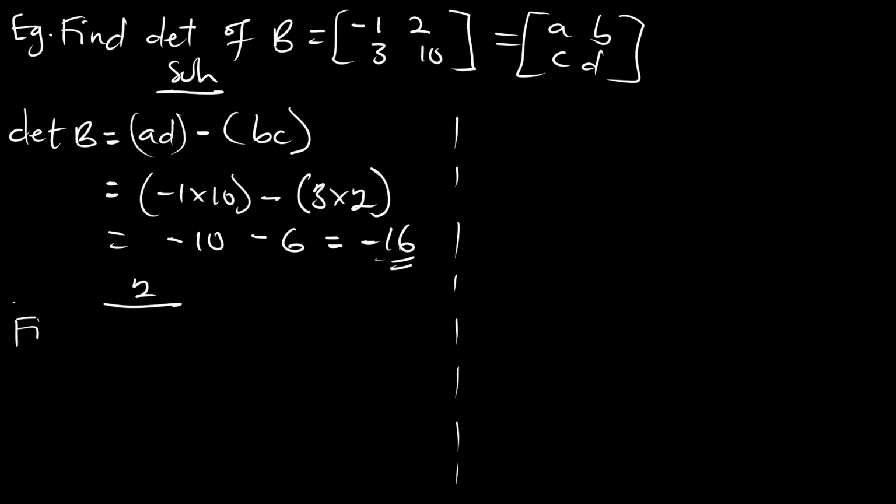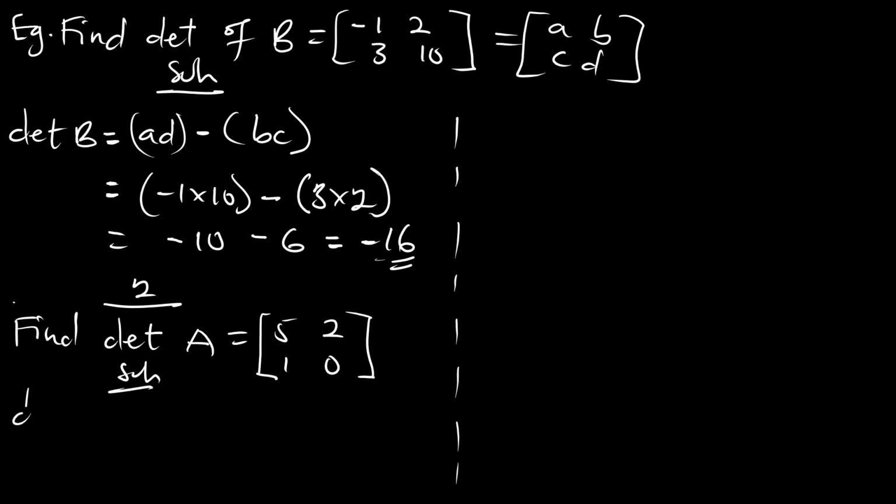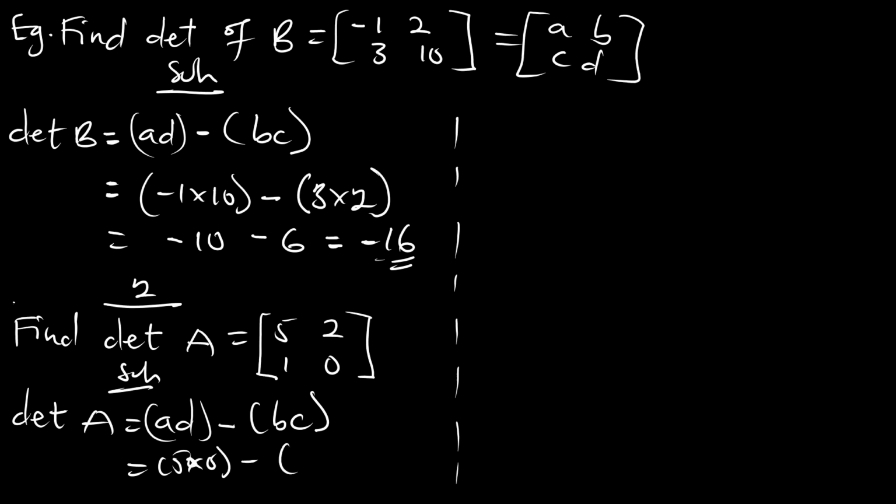Find the determinant of matrix A such that A is equal to 5, 2, 1, 0. So the same way, our solution: determinant of A, which is AD minus BC, and that is going to be the major diagonal 5 by 0, 5 multiplying 0, minus BC, 2 by 1.